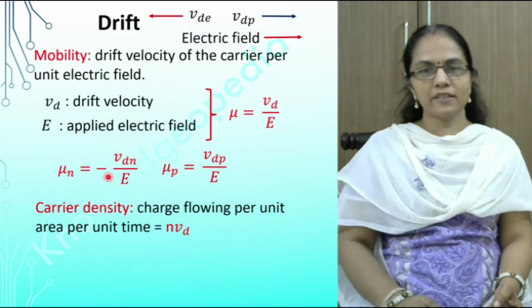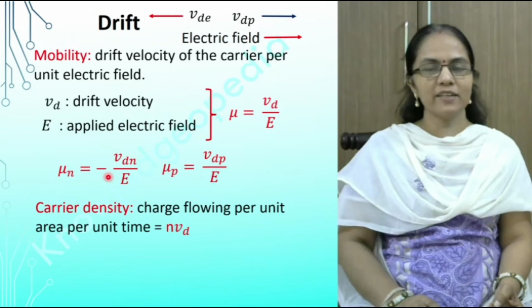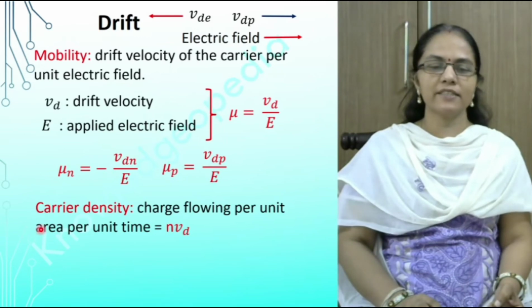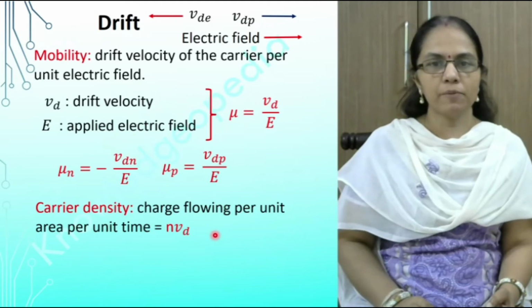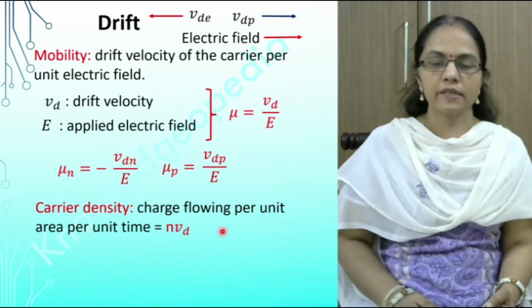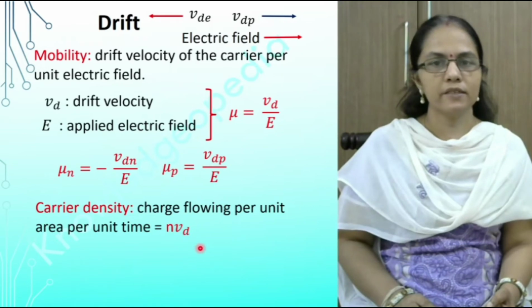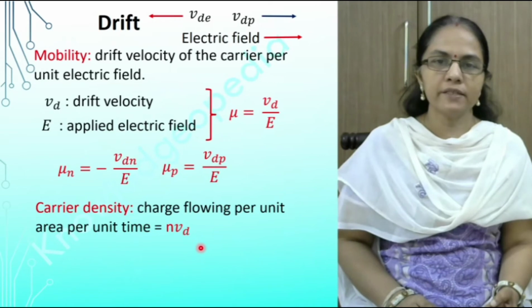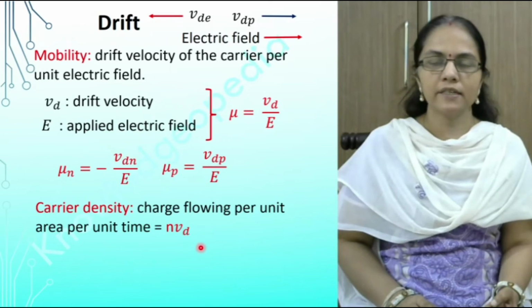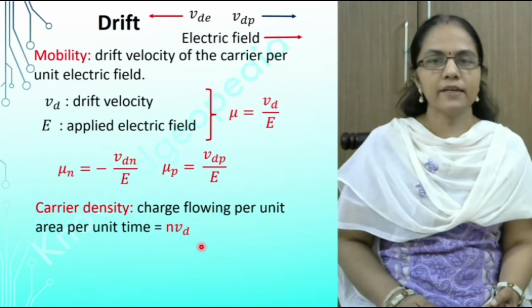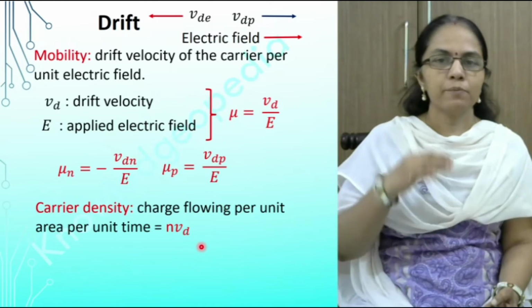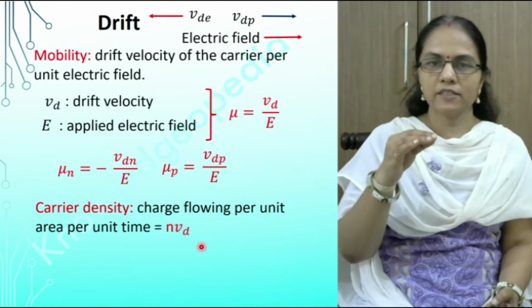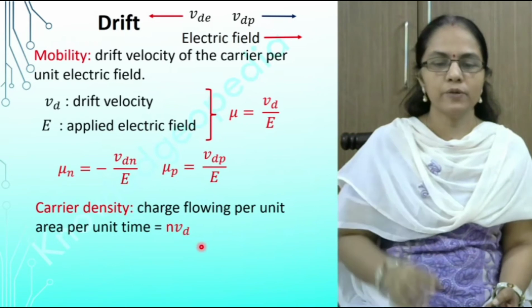Before calculating the current density, what do we need to calculate? We need to calculate the charge density or the carrier density, and that can be obtained by multiplying the carrier concentration with the drift velocity. Once we obtain the carrier density, we can calculate the current density by just multiplying the charge of the carrier into carrier density.